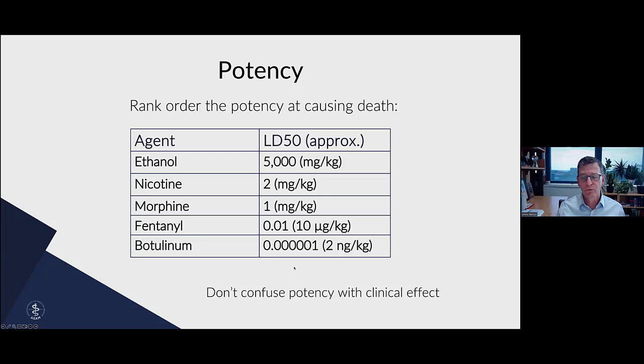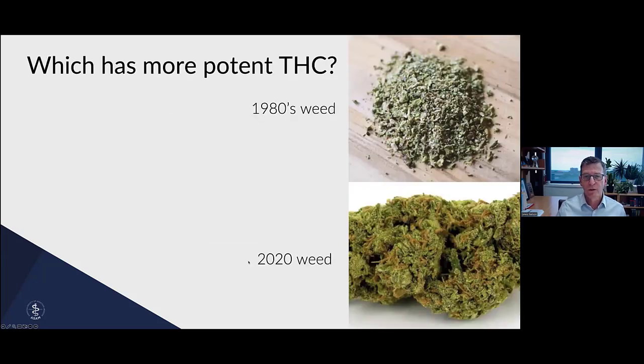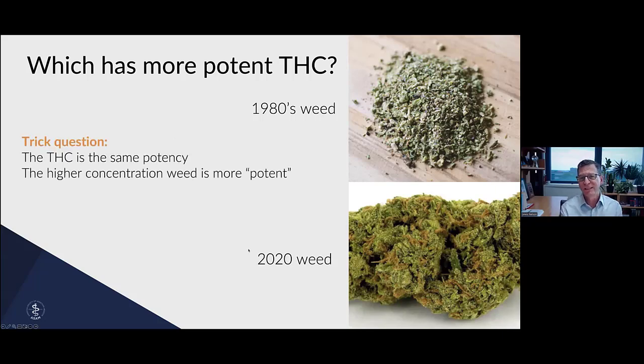But don't confuse potency with clinical effect, right? If I were to ask you which of these two products has more potent THC, the weed that some people used in the 1980s, maybe in college or high school or grad school, versus what people sell today, well, it's a bit of a trick question, because the THC, the tetrahydrocannabinol, has the same potency.